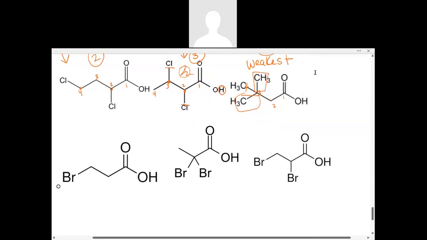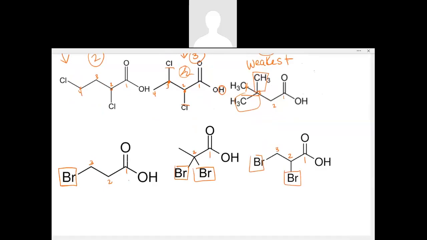So now we just have to look at electron withdrawing groups in comparison here. Again, we have carbons 1, 2, and 3. This has an electron withdrawing group on carbon 3. This has 2 electron withdrawing groups on carbon 2. And then this last propionic acid has an electron withdrawing group on carbons 2 and 3.